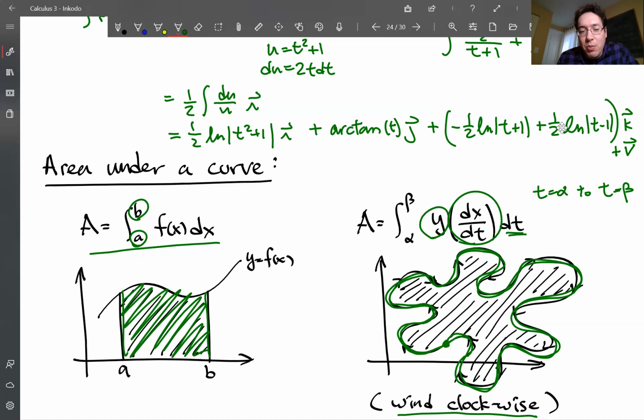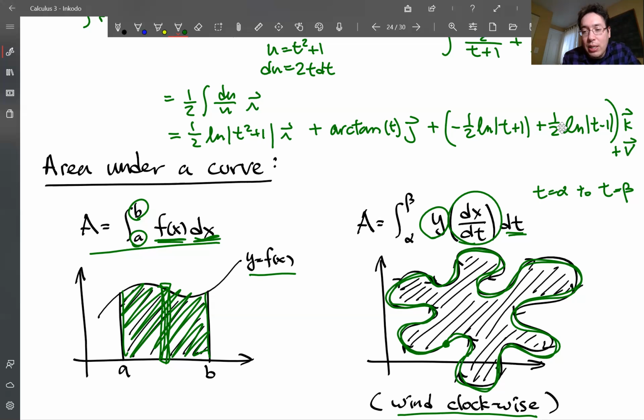And you might be wondering, well, why would it be that way? Well, the formula kind of gives you a hint of what's happening. So in 2 dimensions, y is just the function itself, f of x. And we can get the area underneath the curve by adding up these rectangles, right? The height of the rectangle is given by f of x, and the width of the rectangle is given by dx. Similar thing is happening here.